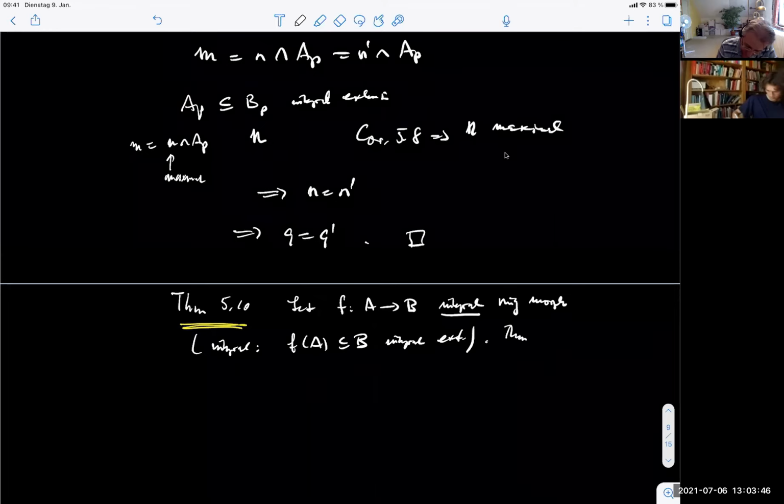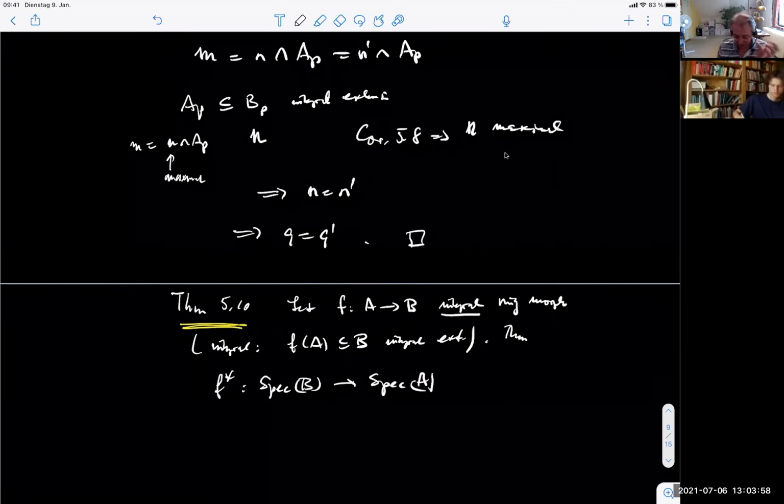Then I go to the comorphism of the spectra. I hardly discussed this, but I just gave the definition: take a prime ideal in B, contract, and you get a prime ideal of A. This map is called F star. If I had more time, I would have introduced the Zariski topology on these specs, and then I could show F star is continuous, etc. But now I just have the map.